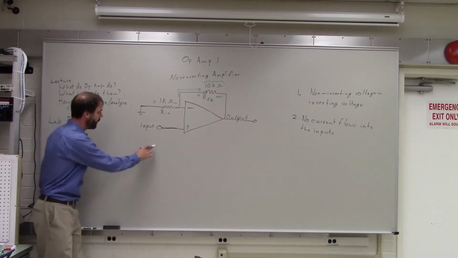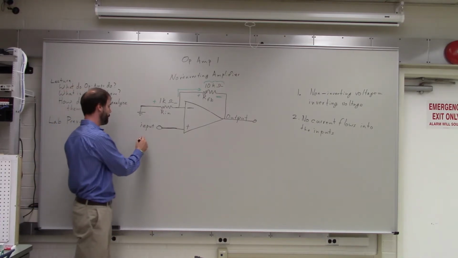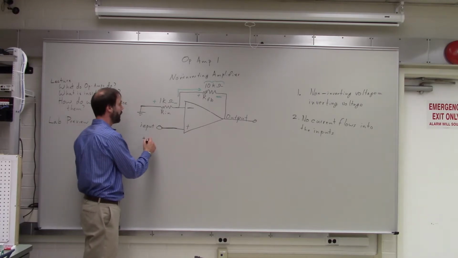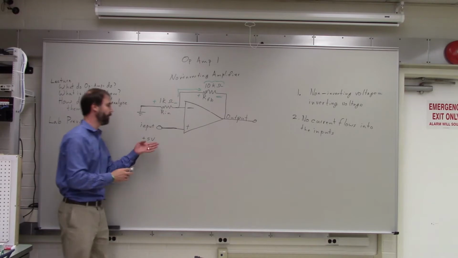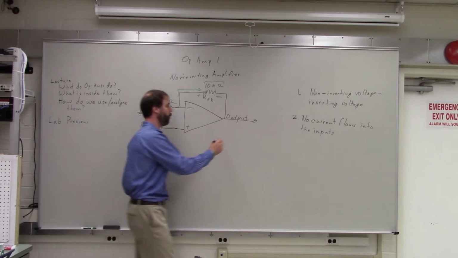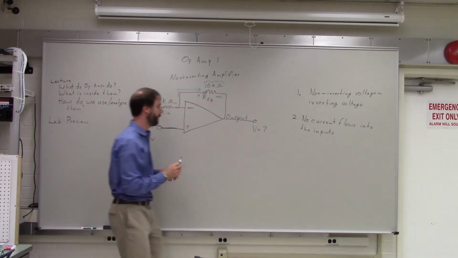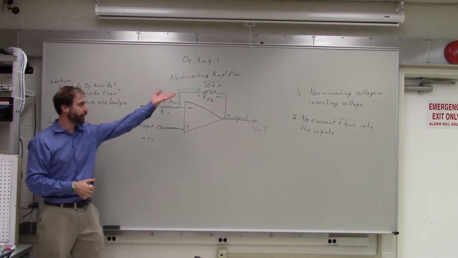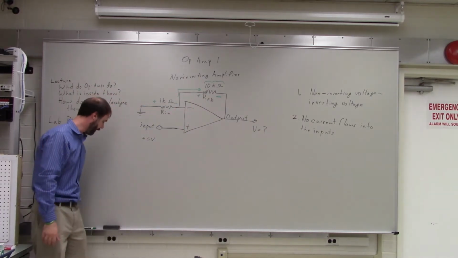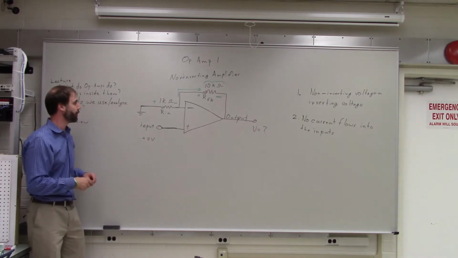So let's say that we had a positive 5-volt input, and we want to figure out what the output voltage is. Well, we can use these two rules to figure that out again. So let's give that a try.